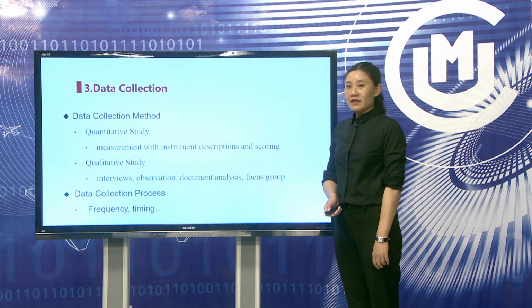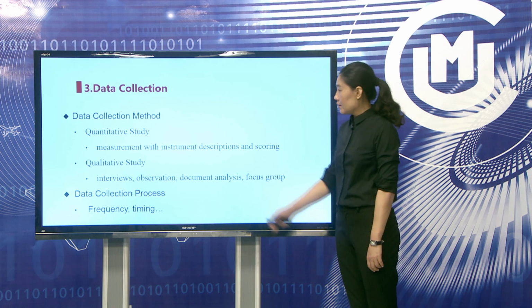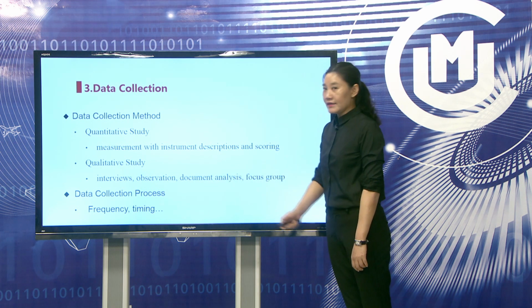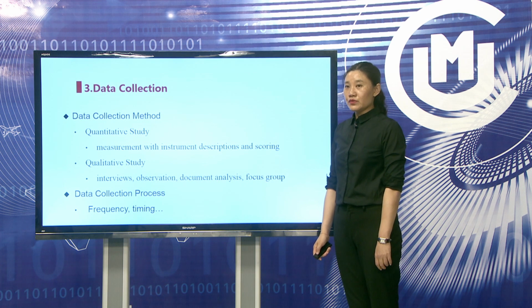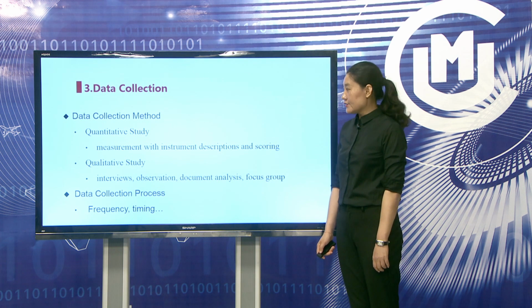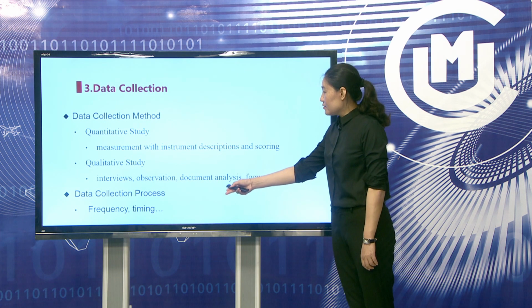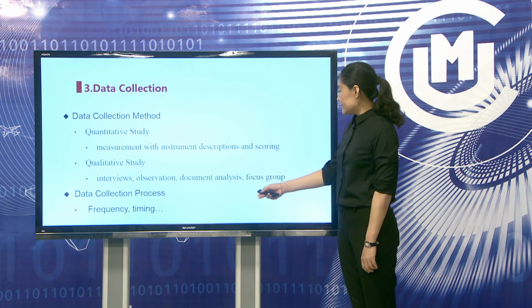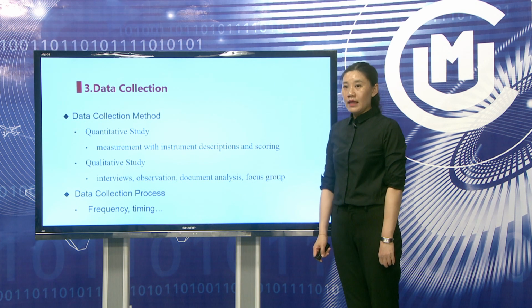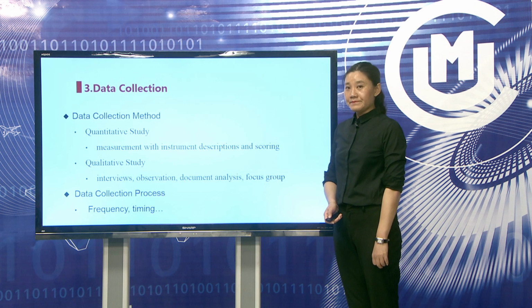If physiological measures are used, be sure to address their accuracy, precision, selectivity, sensitivity, and sources of error. For a qualitative study, a detailed description of data collection methods such as interview, observation, document analysis, and focus group should be identified.